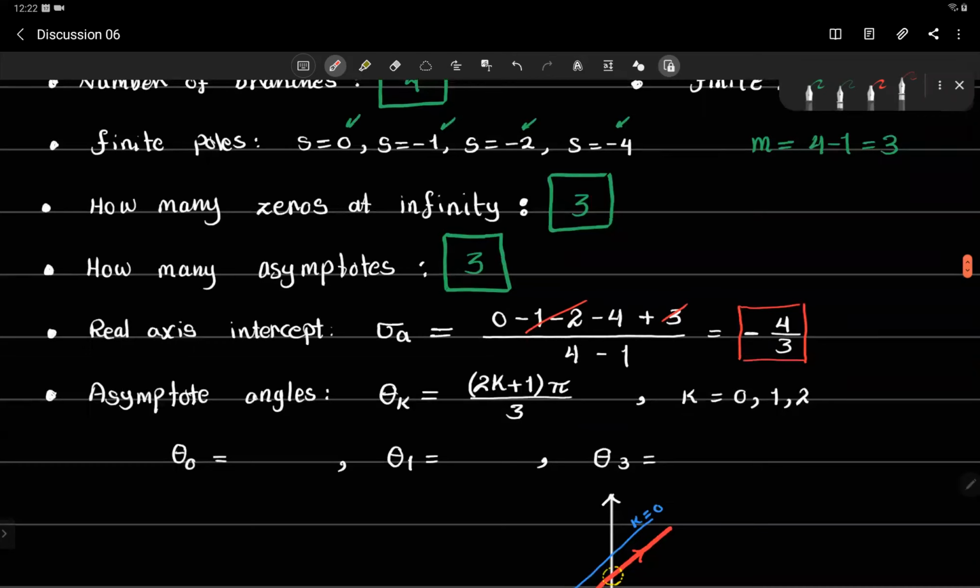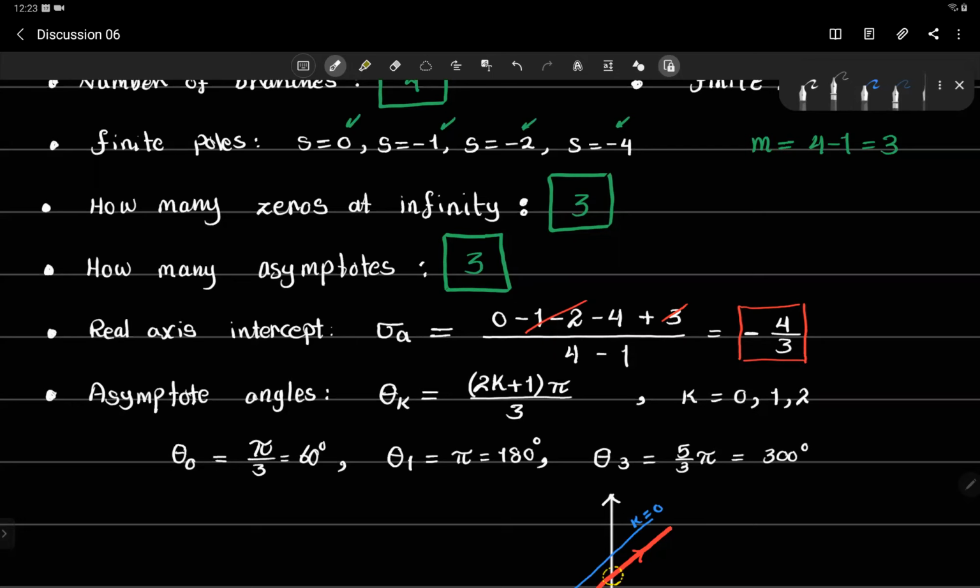So the first angle will be pi over 3 radians, which is 60 degrees. And then the second one will be 3 divided by 3, which is 1, so pi, which is exactly 180 degrees. And then the final one will be 5 over 3 times pi, which is 300 degrees.